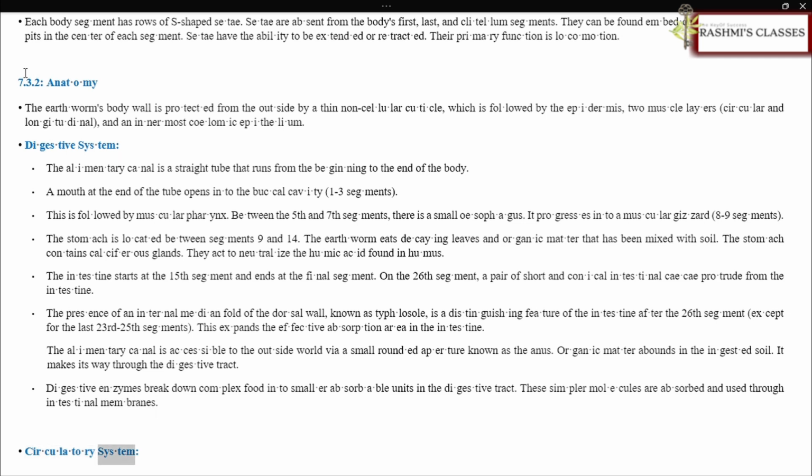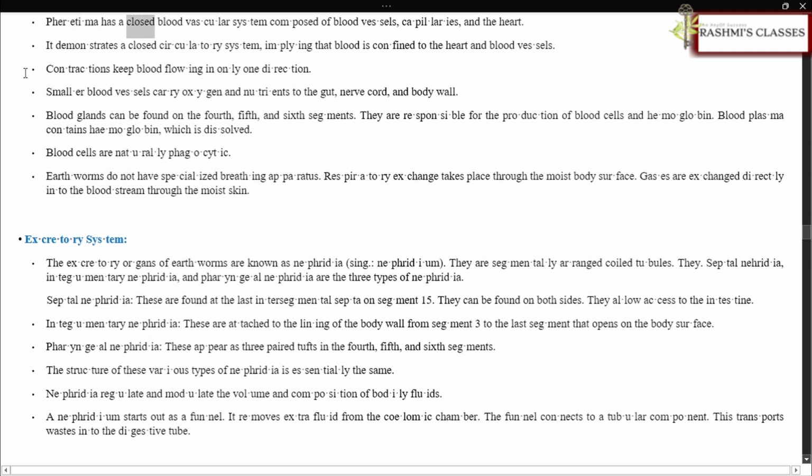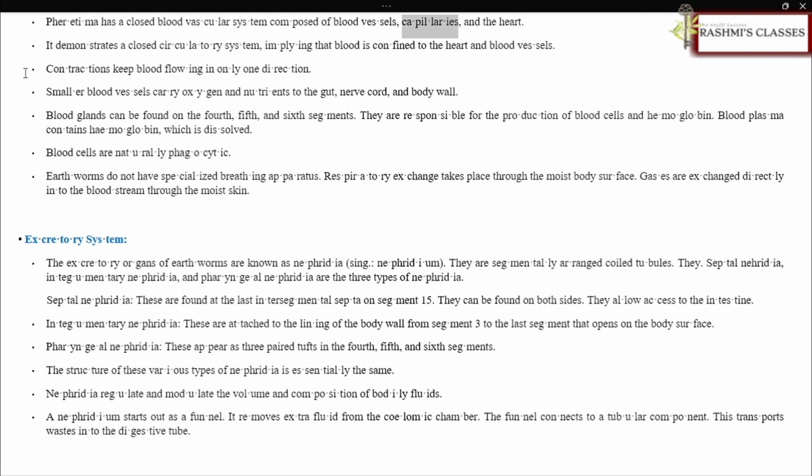Circulatory system. Pheretima has a closed blood vascular system composed of blood vessels, capillaries, and the heart. It demonstrates a closed circulatory system, implying that blood is confined to the heart and blood vessels. Contractions keep blood flowing in only one direction.